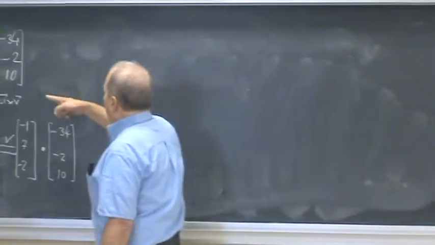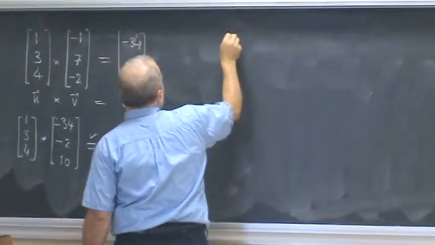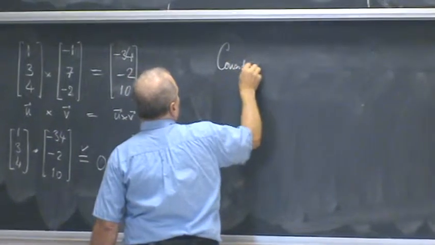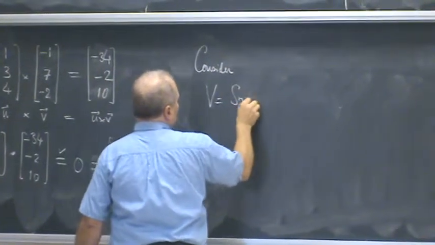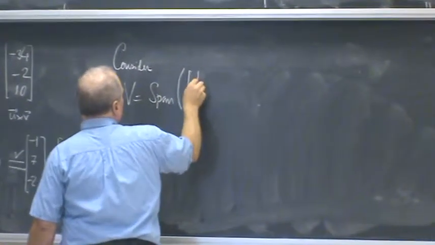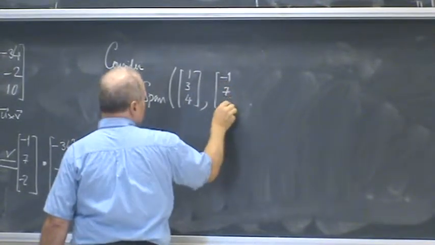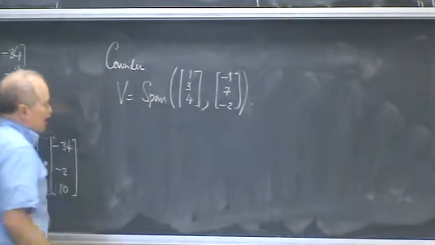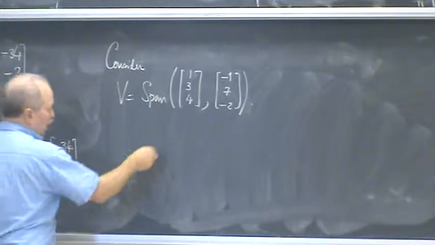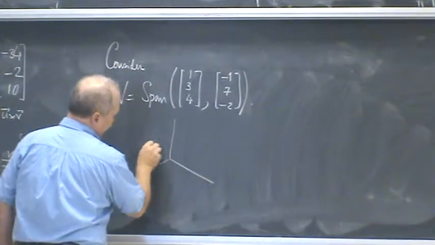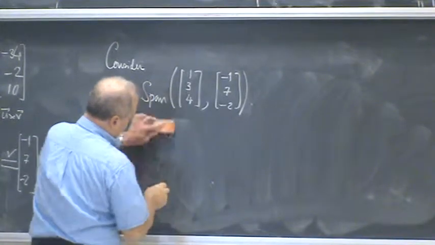Well, I could ask you now to consider the plane that's spanned by 1, 3, 4, and -1, 7, -2. And that plane is sitting somewhere in R3. I'm not going to draw it to scale.